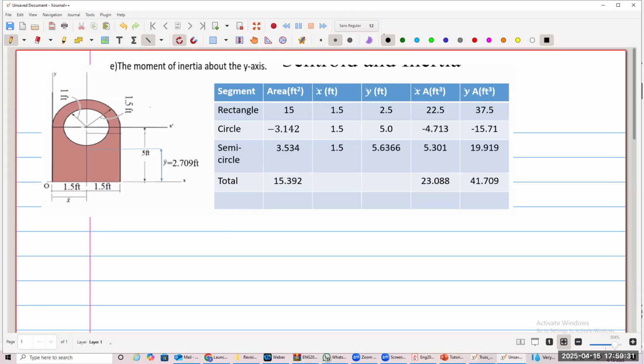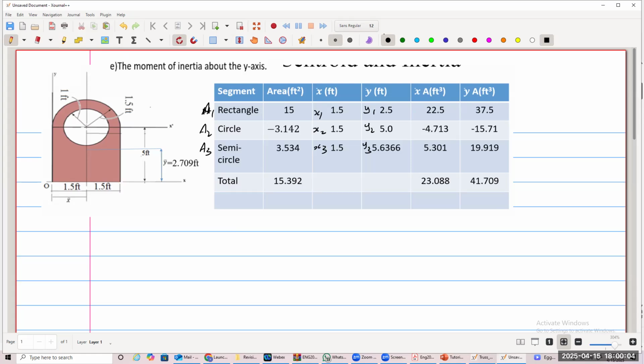We call this area 1, area 2, area 3, in the order we have it in front of us. So this becomes our y1, y2, and y3, and this becomes your x1, x2, and x3.